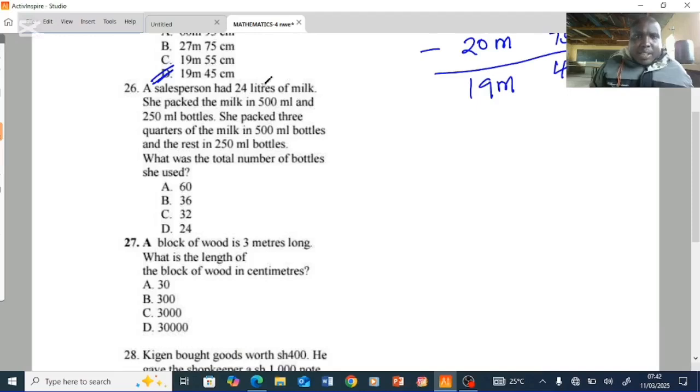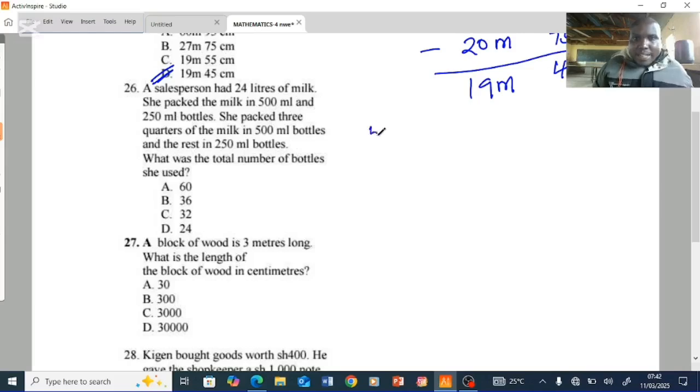A salesperson had 24 liters of milk. She packed the milk in 500 ml and 250 ml bottles. She packed 3 quarters of the milk in this and the rest in this. What was the total number of bottles she used? So first, let's get the 500 ml.